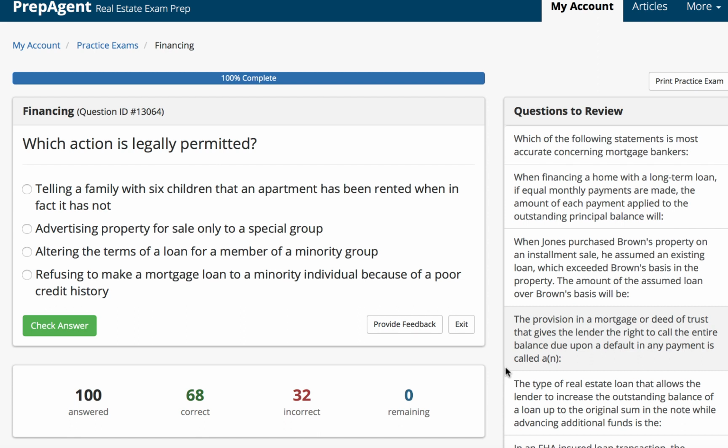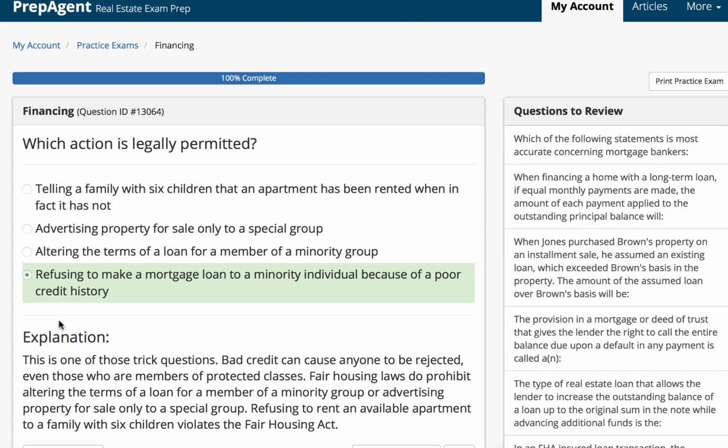It would be the last one. Good. A lot of people get fooled on that one because they throw in the word minority, and obviously it clicks into violating fair housing and whatnot. But when you read on, it says poor credit. So that was good that you found that. They do those tricky things from time to time. I know.